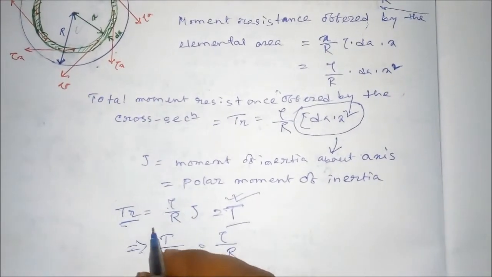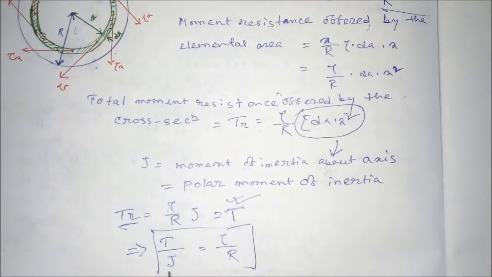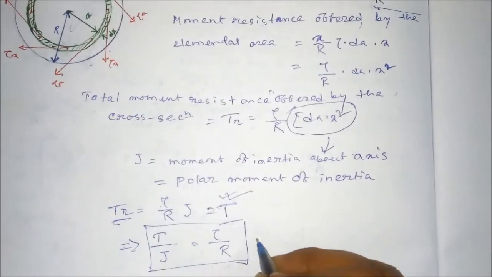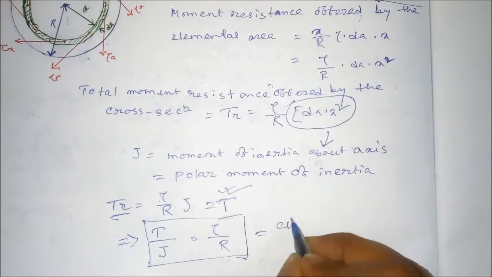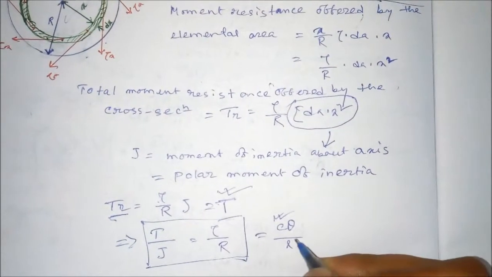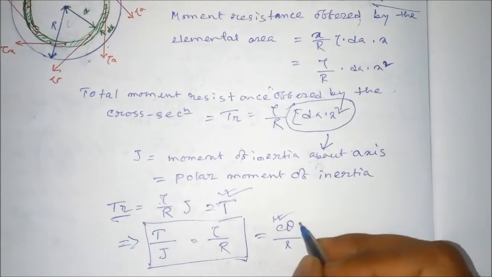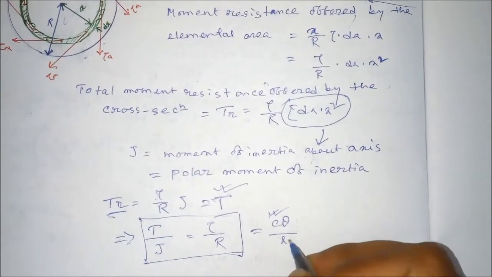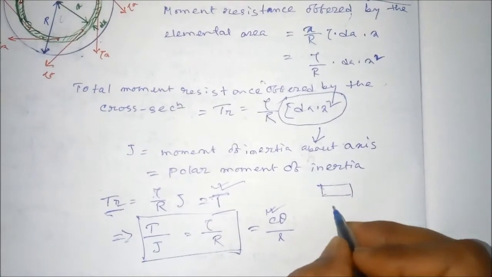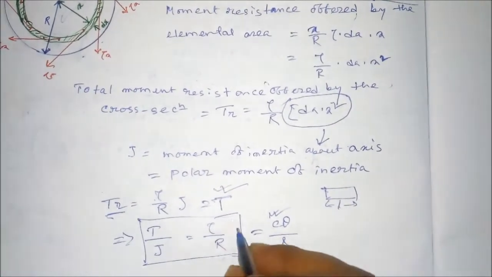This is one relation. Now in the last class we discussed that tau by R is basically nothing but C theta by L, where C is the modulus of rigidity, theta is the angle of twist, and L is the length of the shaft, right? Remember that. So this was the relation.